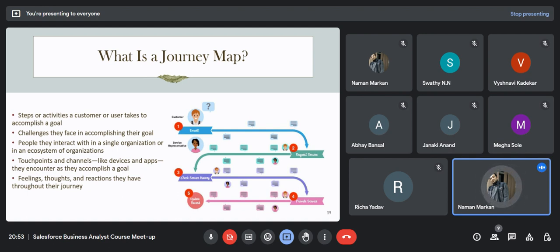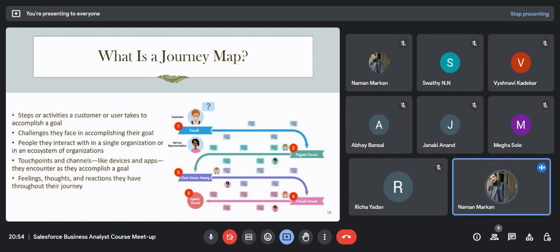So, journey mapping is basically a documentation, or you can say a visual illustration, of the experience of customers and those who are involved in a particular business. In this example, we have talked about a customer engaging with a company's service department.